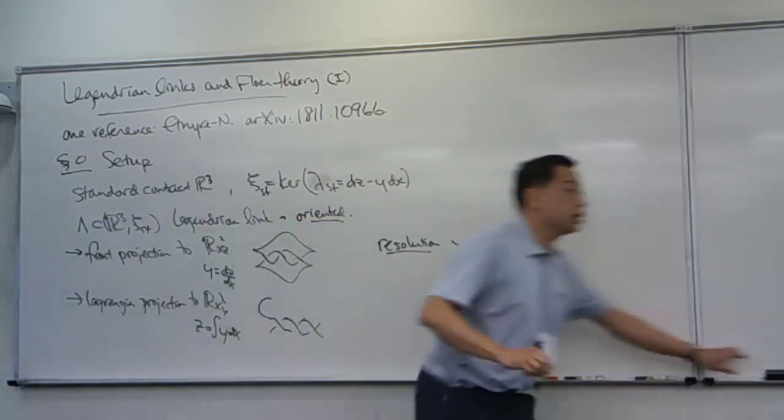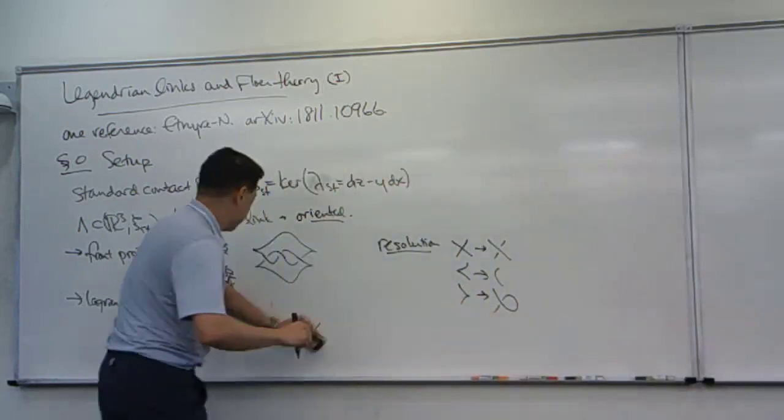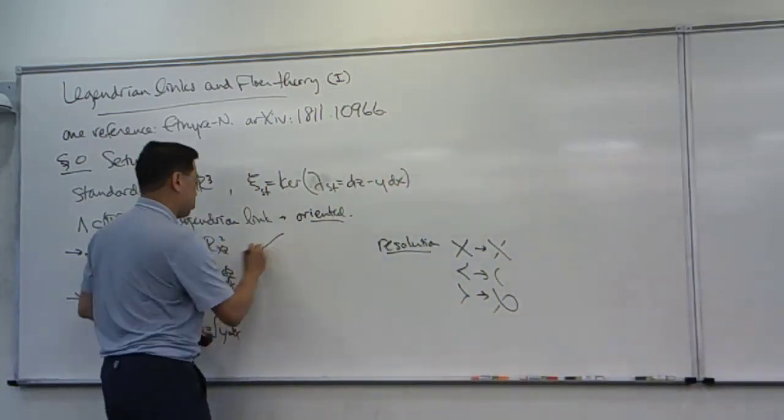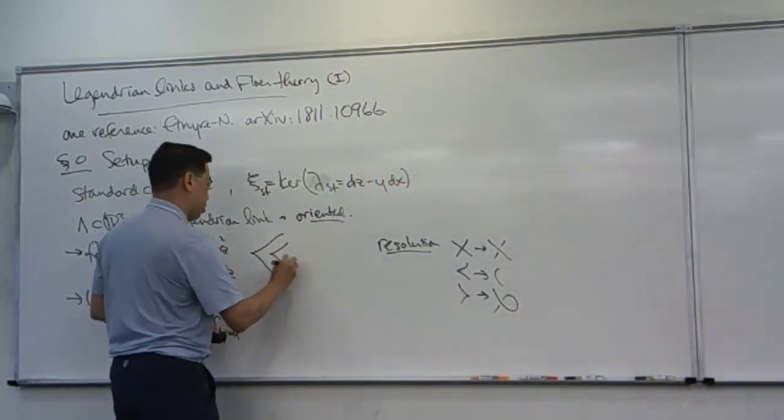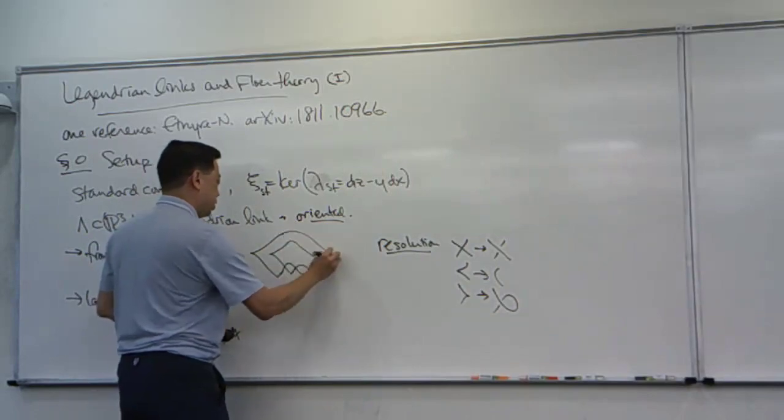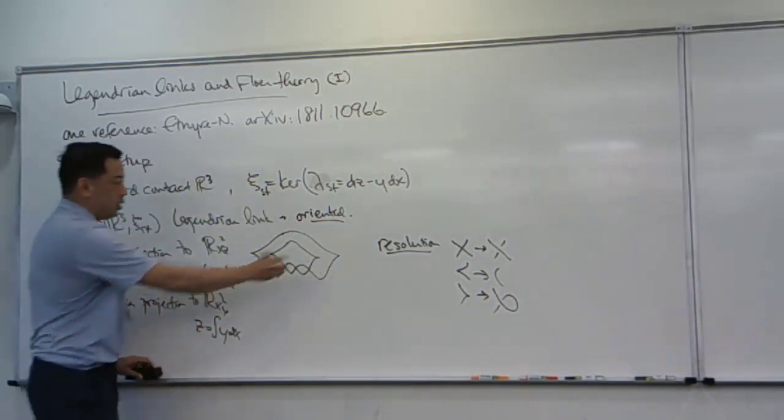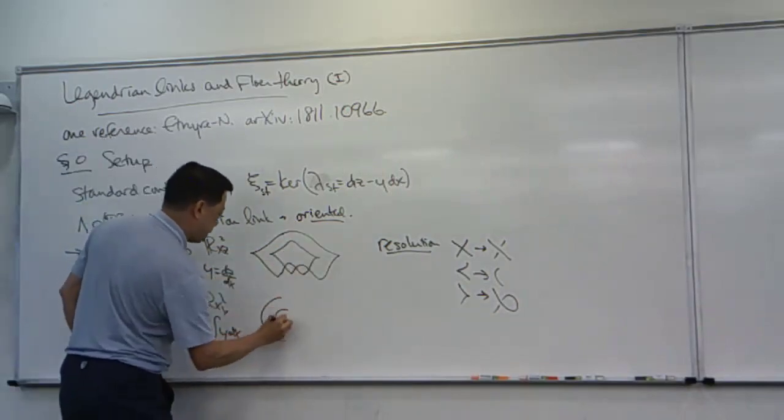Actually, I want to do a slightly different thing, so this will look more like a Weaver closure. Here's our trefoil again. So if you do resolution to this, what you end up with is this.